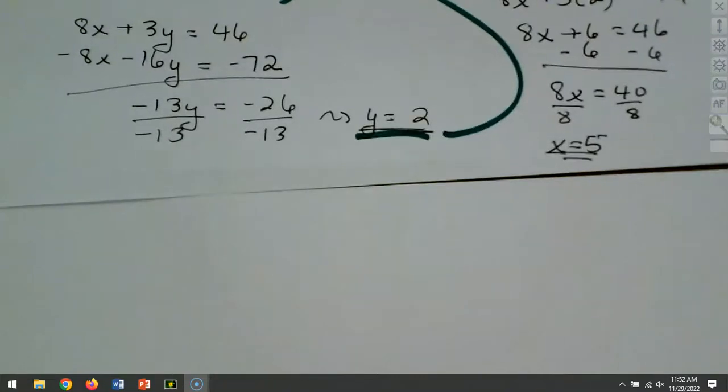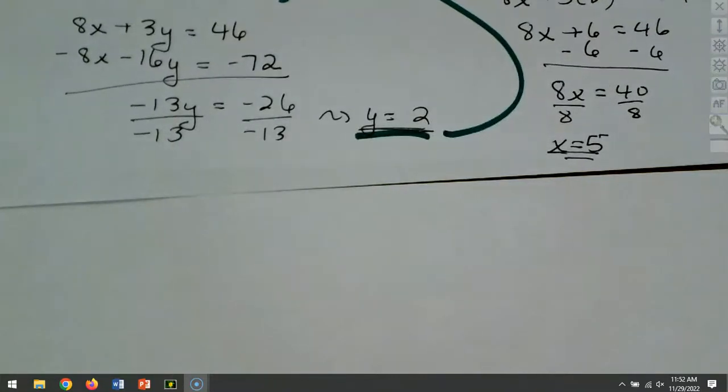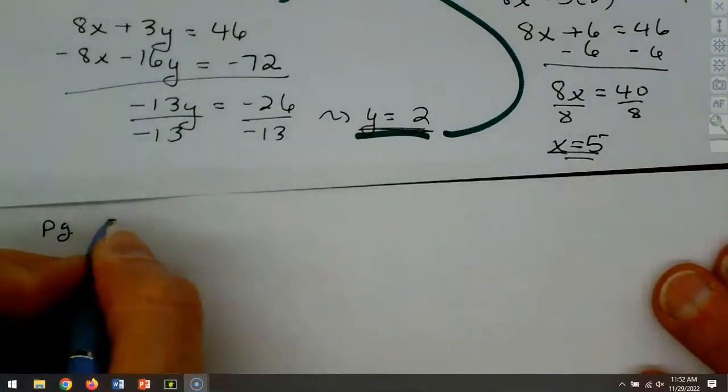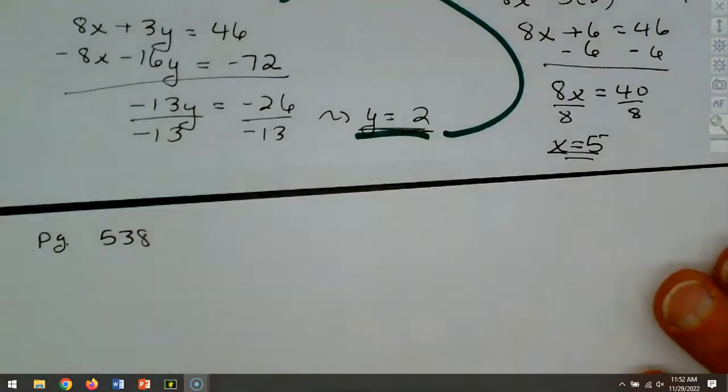So we're going to work through one of these. And let's look at question number, I'll try to pick one that makes us do all the different steps. How about question number 53? And this is on page 538.